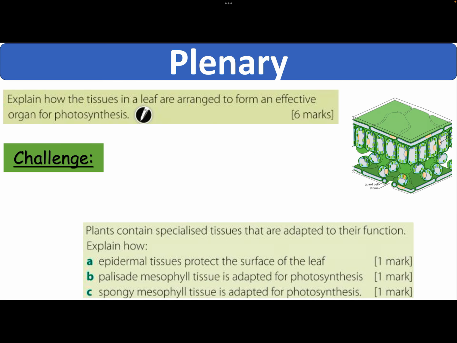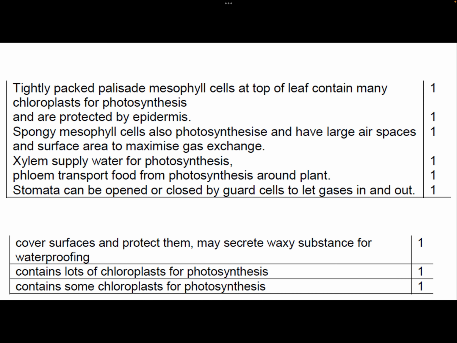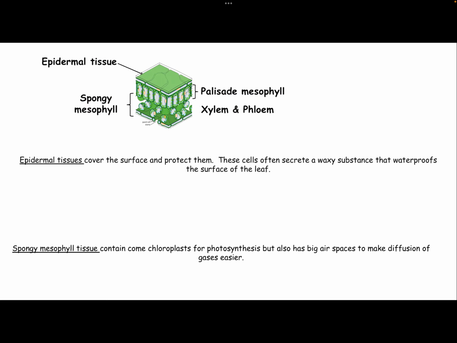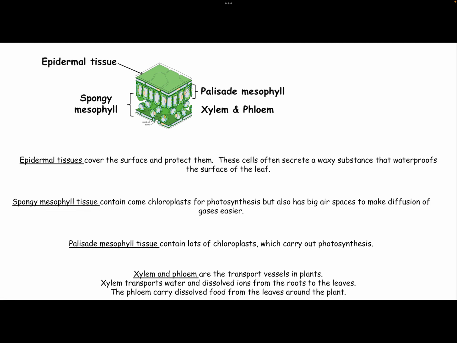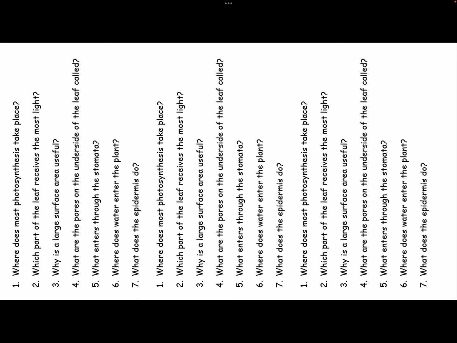You can pause the video, write the questions down, then come over here and compare your answers. So this is just a quick recap of the structure of the leaf, the location of the different parts of it, where the palisade mesophyll is, the spongy, and the epidermal tissue, and their function. So xylem and phloem are transport vessels in plants.